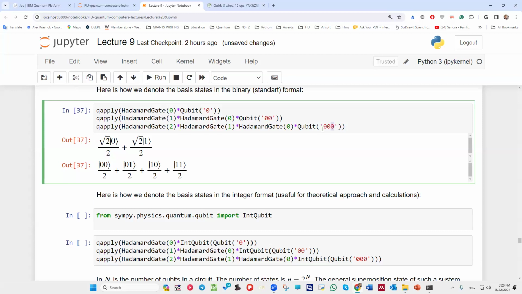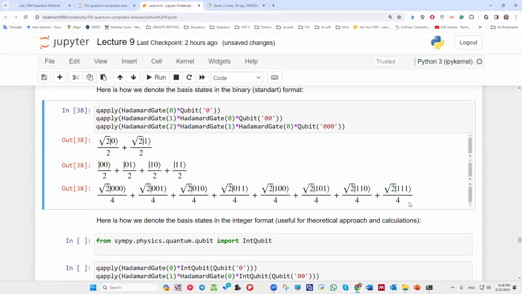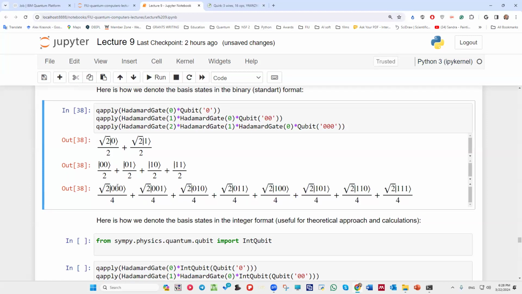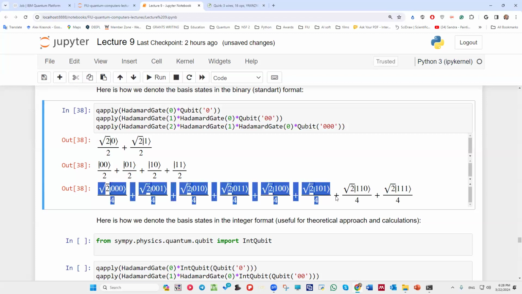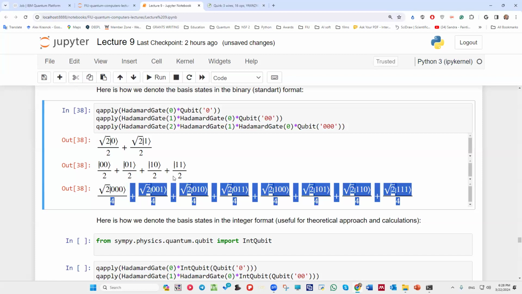Likewise, for a system of 3 qubits, if I apply the Hadamard gates to all 3 qubits, this is the resulting state. How many terms here? 2 to the power of 3, which is 8 states. So this is the balanced superposition state of a system of 3 qubits.